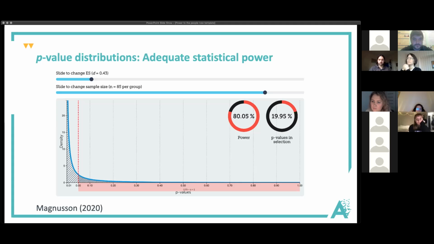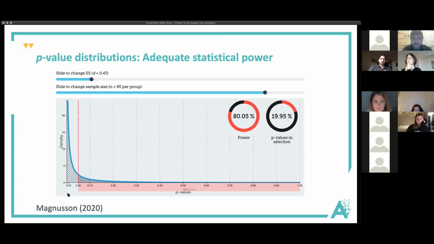We're assuming there is an effect, so this is where the idea of type 2 errors comes in: how likely are you to fail to reject the null if there is a true effect? If we assume that there's a medium effect, like we just used in the previous exercise, the idea is that if you repeated this test over and over again, and you counted the number of p-values above and below 0.05, this is where the probability comes in. So if we have enough power, or at least adequate power, and some people argue that 80% is still low.